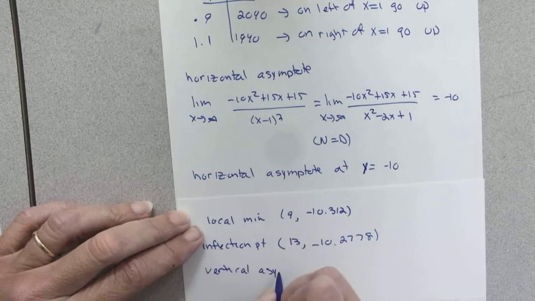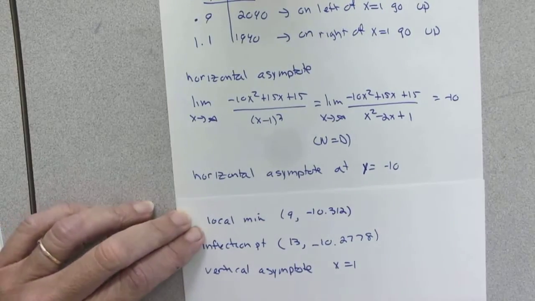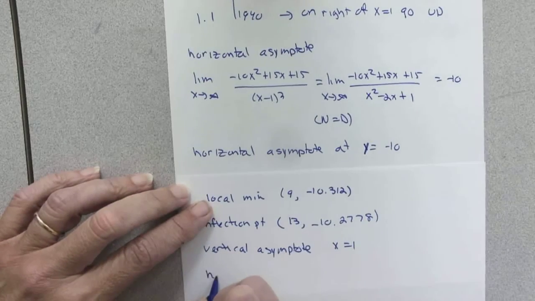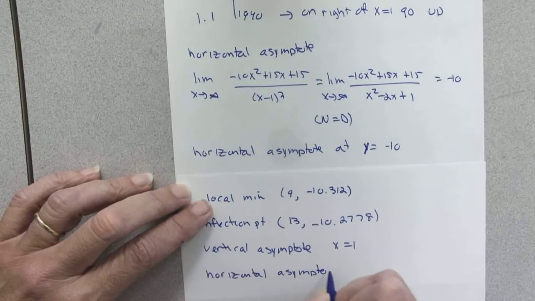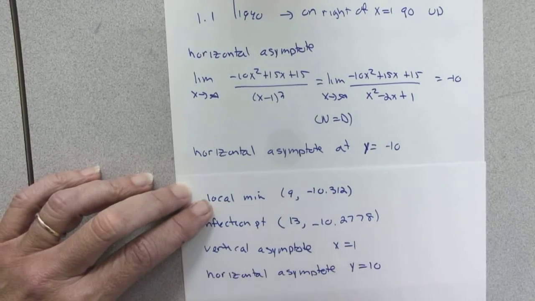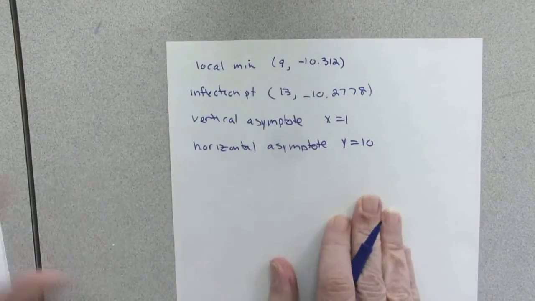Vertical asymptote was x equal 1. Horizontal asymptote, y equals 10. So there's the important stuff.